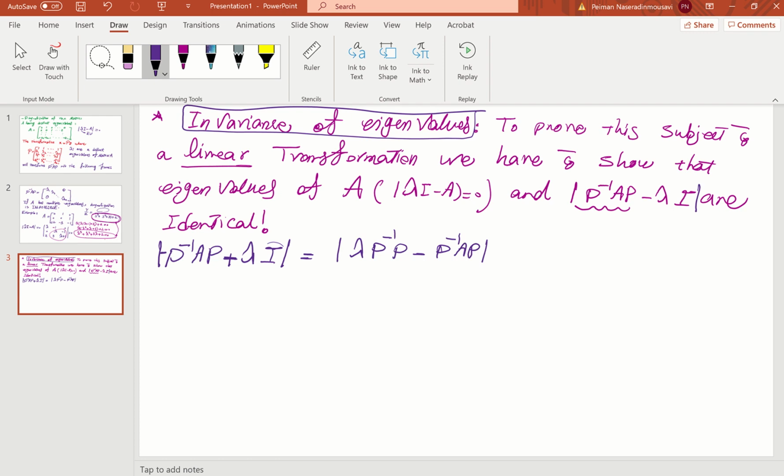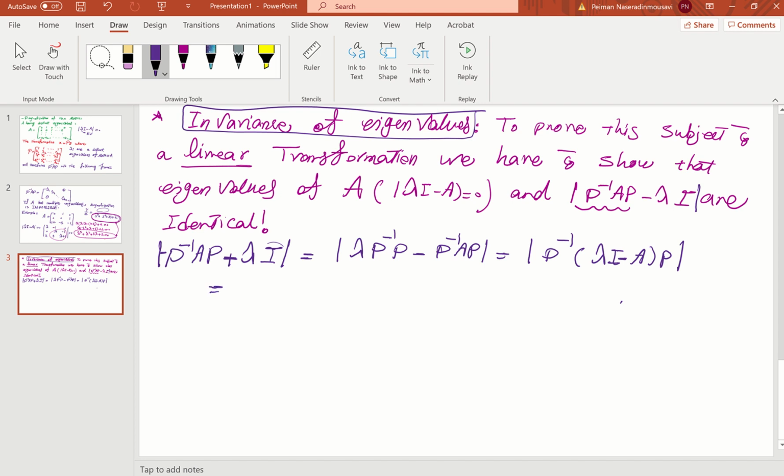So you see that this can be written as P inverse lambda I minus A times P. We got P inverse lambda P minus lambda P inverse P minus P inverse AP, which can be simply written like that.